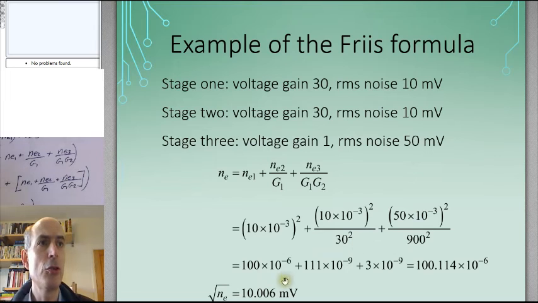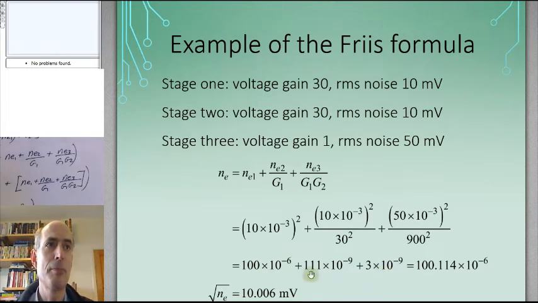Substitute in all the values, and we can see the relative contributions of each of the stages. The first stage is introducing 100 microwatts of noise, which is 3 orders of magnitude more than the second stage introduces, and nearly 5 orders of magnitude more than the third stage introduces. In other words, almost all of the noise is being introduced by the first stage.